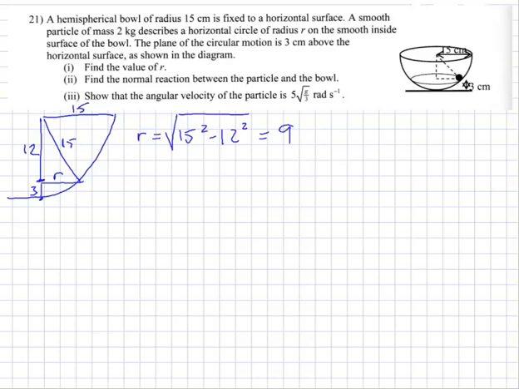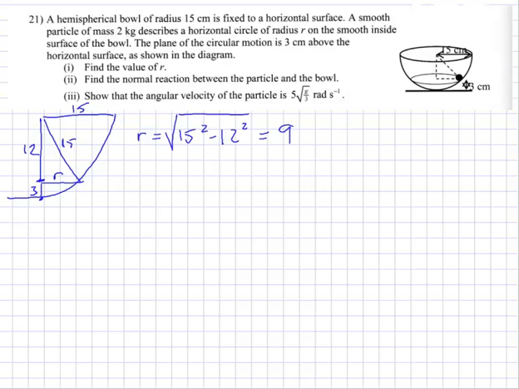Okay, so let's redraw this again, and let's concern ourselves with the forces acting. As I said, there's no actual string. What actually is causing the horizontal circular motion inside this bowl, as I said in the previous lesson, imagine a Malteser being spun around inside a bowl.